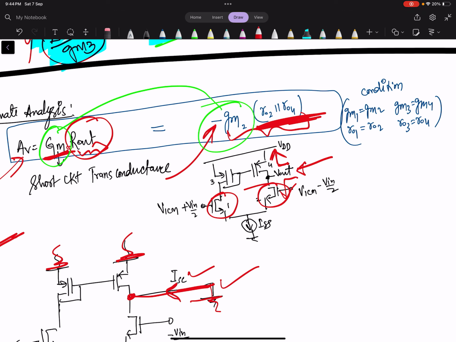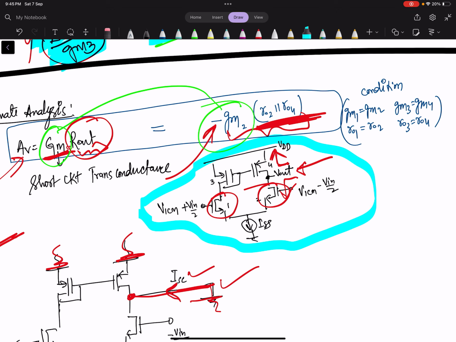So the only thing that you have to take out from this complete video is that for this complete circuit the gain is defined by the GM of these two, multiplied by the resistance seen from this, R04 parallel only the resistance R02, not equivalent, just R02.